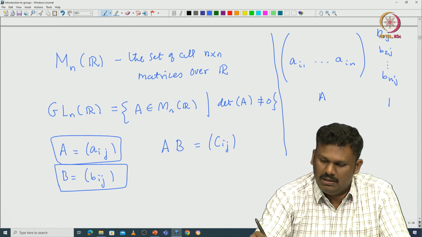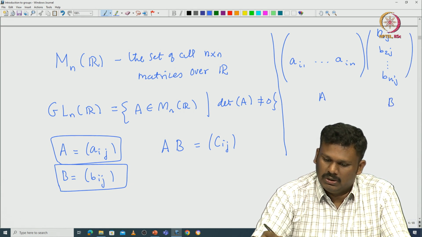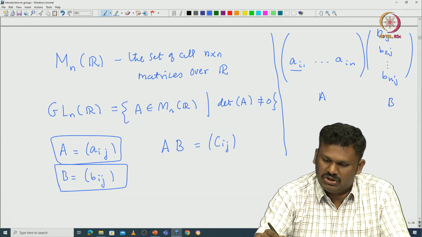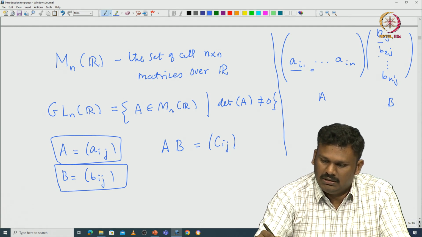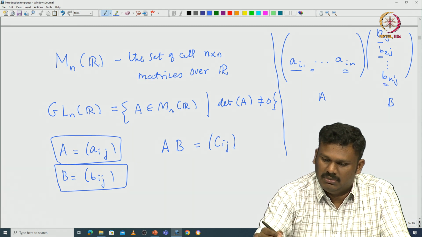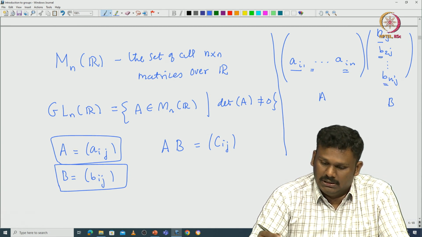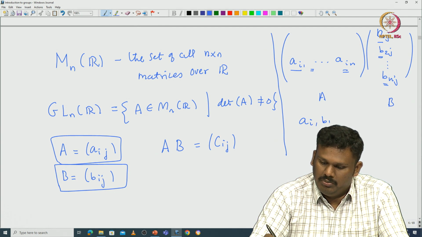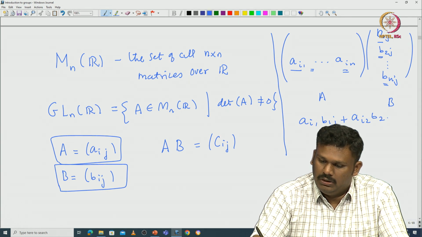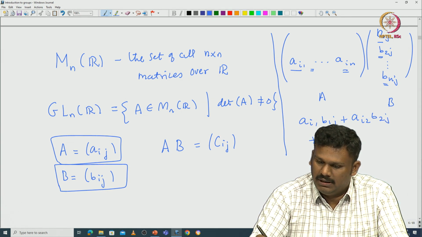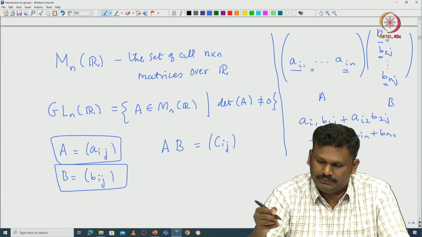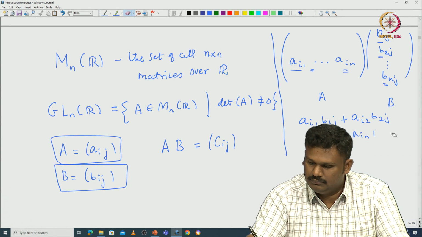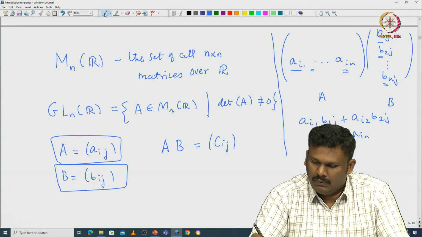This is your B. Then you take each entry like this, the first entry, the second entry and the nth entry, and multiply them term by term: a_i1 b_1j plus a_i2 b_2j plus etc. plus a_in times b_nj.